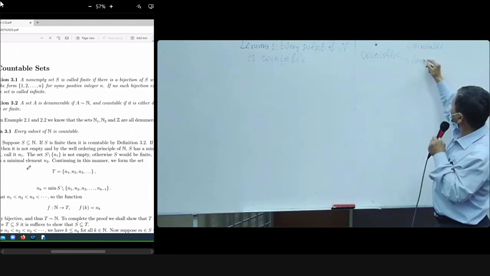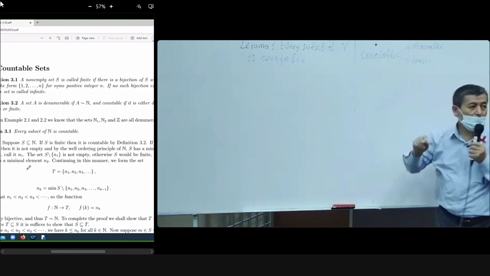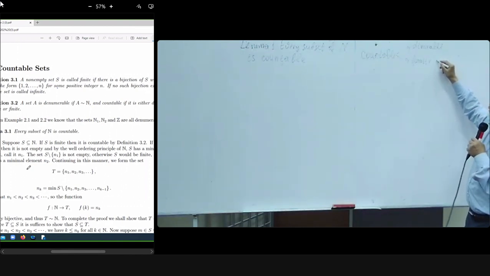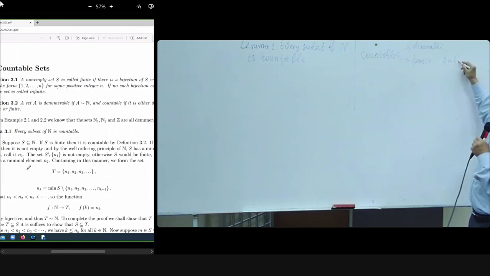For finiteness, a set is equivalent with {1, 2, ..., n}.